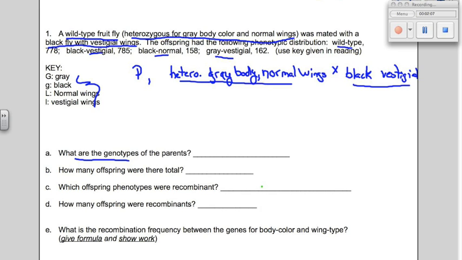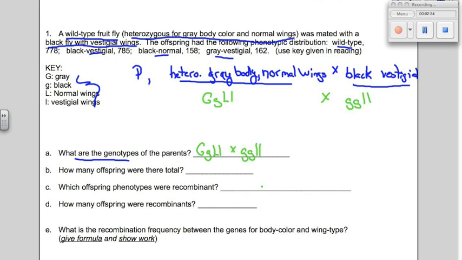Now underneath, let's write out the genotypes. Heterozygous for gray body. Well, we know that capital G is dominant, and that's gray. So I have big G, little g, and I have big L, little l, because we're heterozygous for both traits here. The other parent is black vestigial, which I know is a double recessive, little g, little g, little l, little l. So those are the genotypes of my parents.